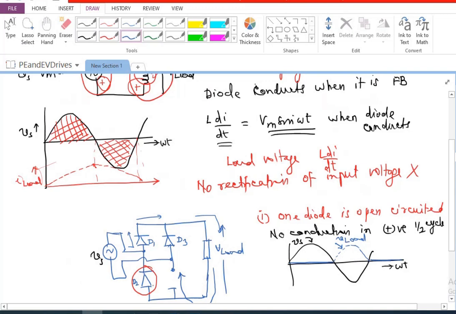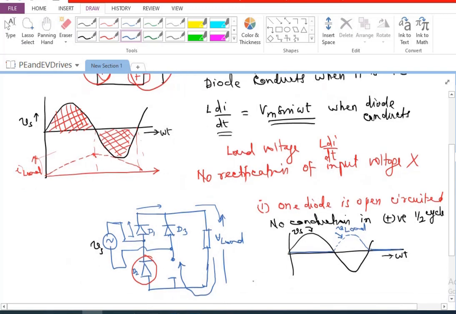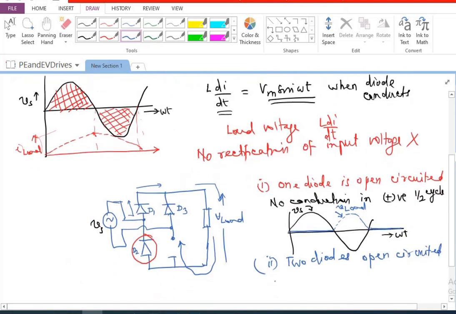Whereas if I have both diodes, two diodes, open circuited, in that case, neither the positive half cycle nor the negative half cycle will be able to work. Or if I say these two diodes are open circuited, then only one half cycle will be missing.